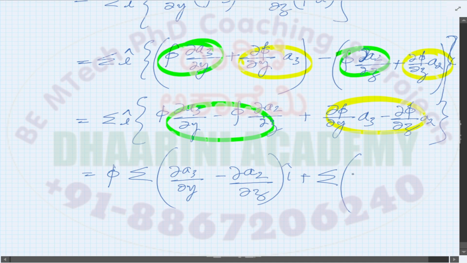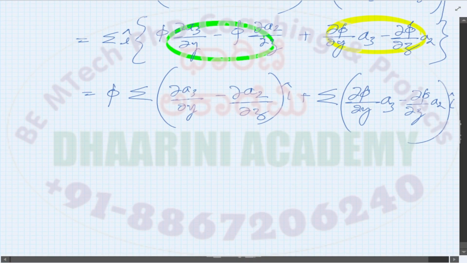We'll club them together as follows. This is dou phi by dou y into a3 minus dou phi by dou z into a2. Again, I need to multiply this with the i cap. Okay, so we do that.